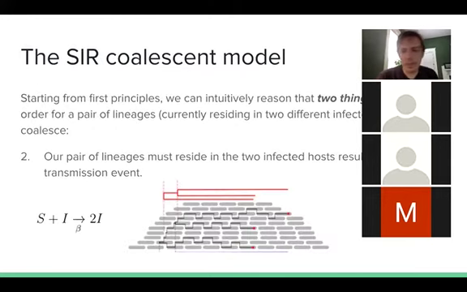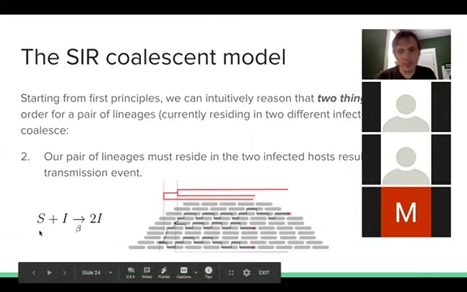So skipping ahead here, the second requirement is that, of all the different pathogen lineages in a population that could coalesce at a particular transmission event, our two pathogen lineages that we're tracking backwards in time need to be the two lineages actually involved in a given transmission event.